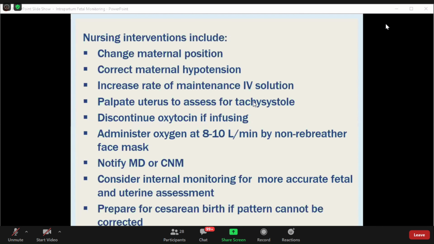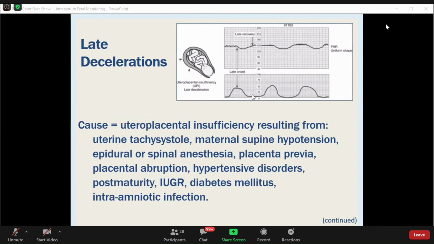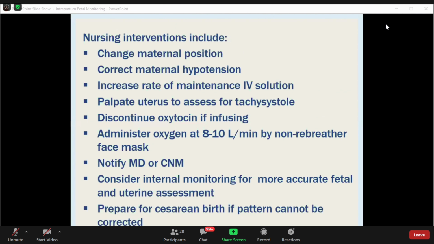So tachysystole is referring to excessive uterine activity. So contractions that are too fast, too long, too intense, lack of a resting interval. That's what that is referring to, okay?